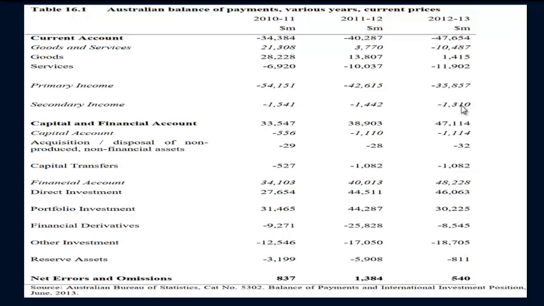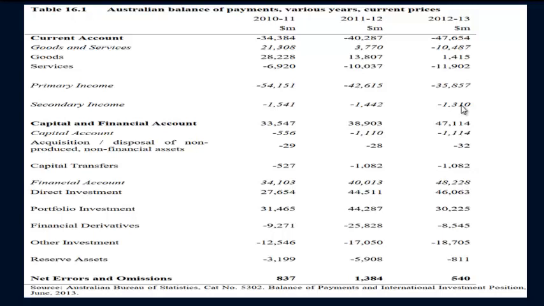The capital account, so this is the current account, which means basically goods and services. Capital account is the financial part of this. Secondary income is actually income earned from assets, but the capital account has, if you buy a bond, that will come into your capital account.